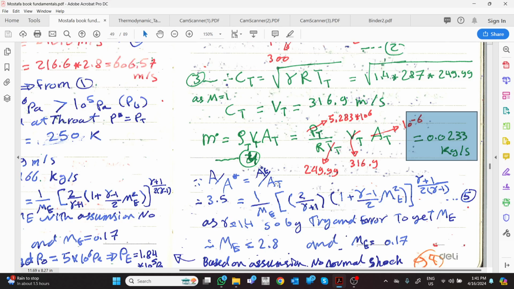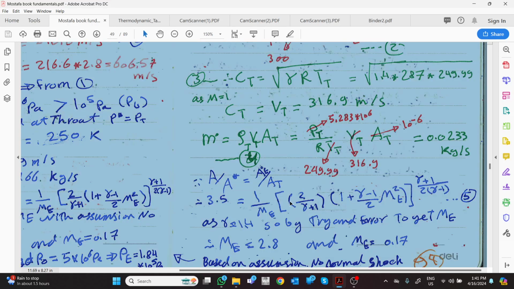Based on this, we can calculate the exit Mach number either by trial and error for this equation or from the table.